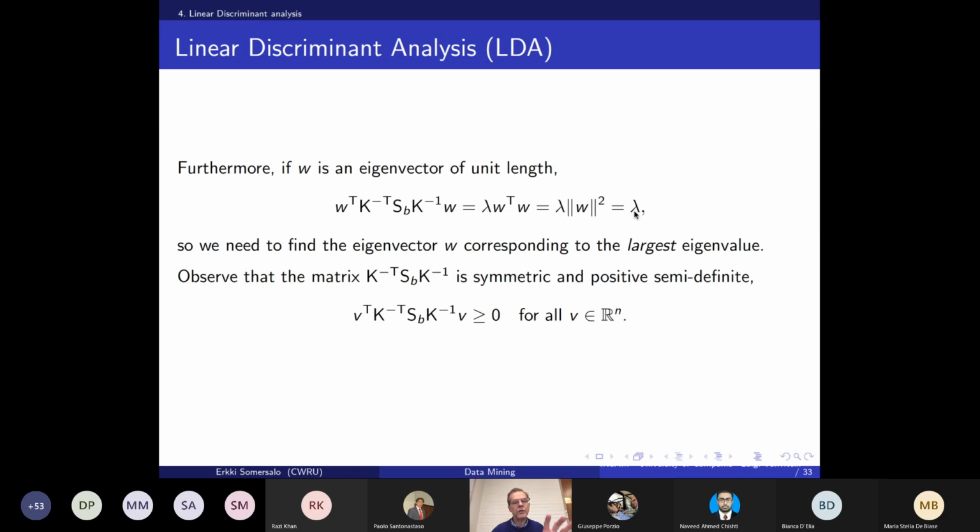So we know now that our problem has a solution, because the matrix is symmetric non-negative definite, or positive semi-definite. We know that it has real eigenvalues, and that among those eigenvalues there is a largest one which we can pick, and that eigenvalue corresponds to the eigenvector which is going to be our solution for the LDA problem.